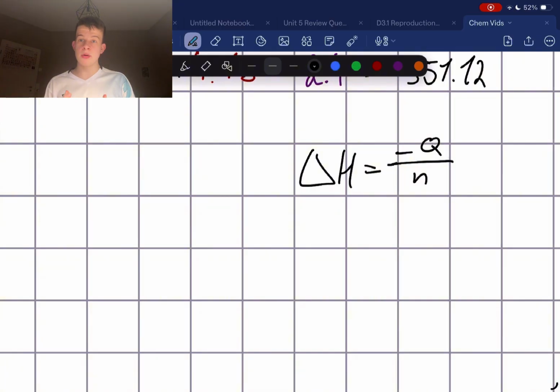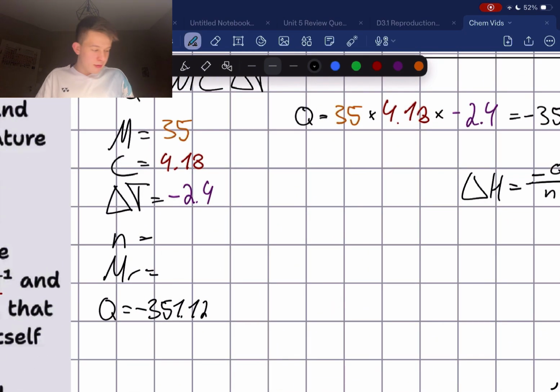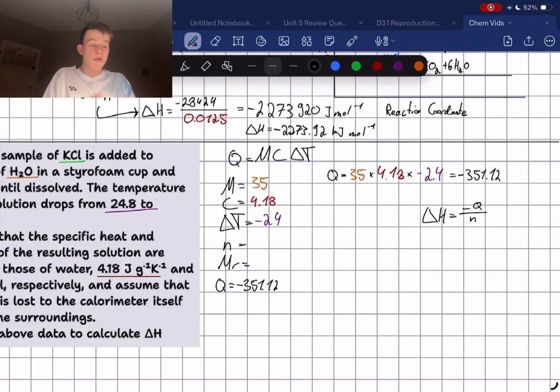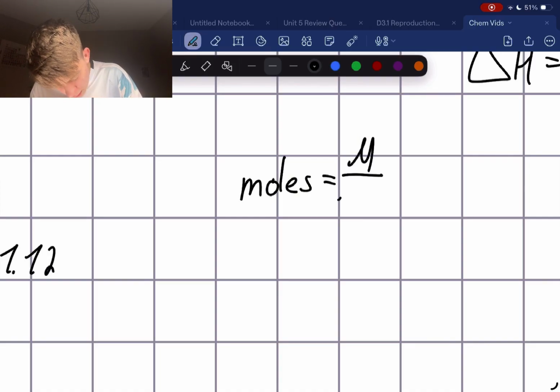And N is the number of moles. To find out the moles, we need to know the molar mass of potassium chloride. And to do that, we go to our periodic table and we're gonna check. But to calculate that, we're also gonna use mass over molar mass. So moles equals mass over molar mass.